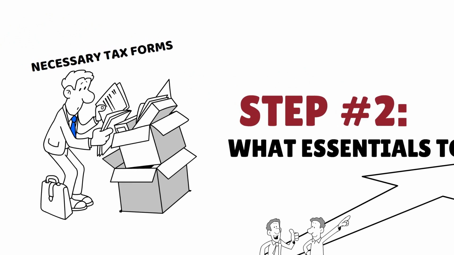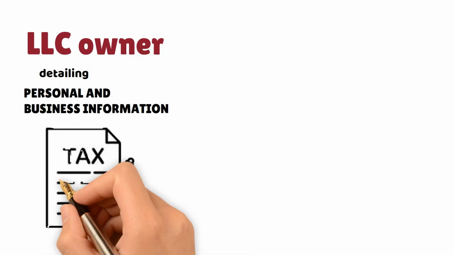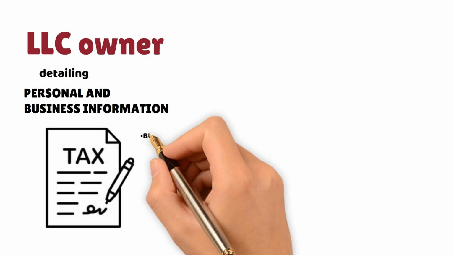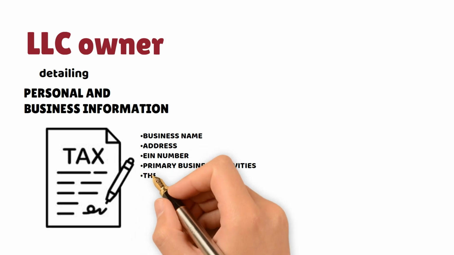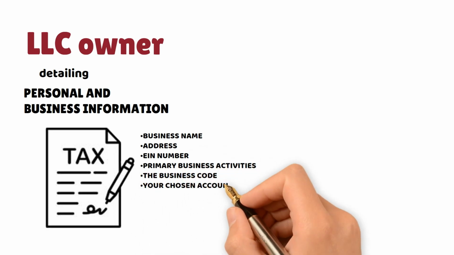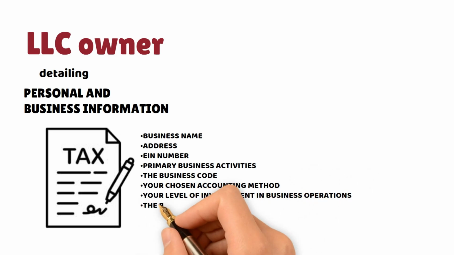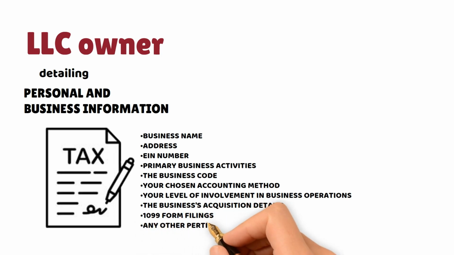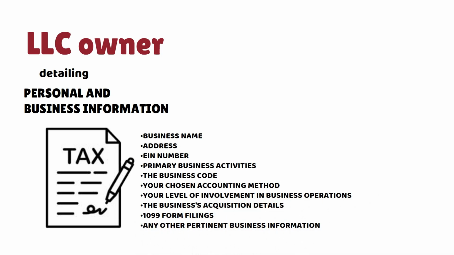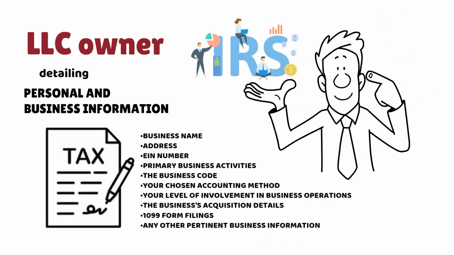Step 2, crucial for every LLC owner, involves detailing personal and business information on your tax return. This includes essential data such as your business name, address, EIN number, primary business activities, the business code, your chosen accounting method, your level of involvement in business operations, the business's acquisition details, 1099 form filings, and any other pertinent business information. The IRS may inquire further to ensure comprehensive understanding.